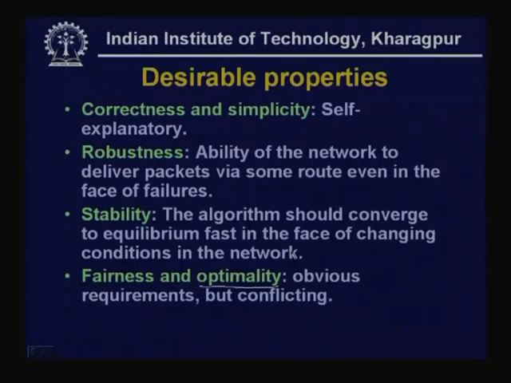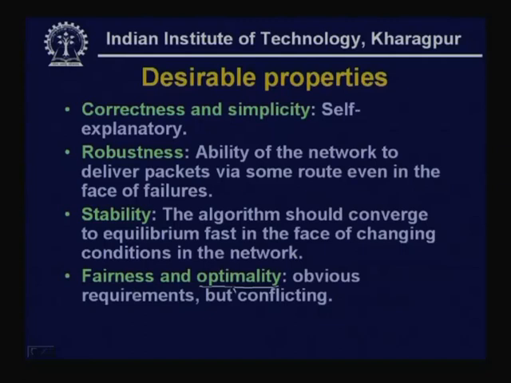So, if you give priority, then fairness is violated. On the other hand, if you give priority to some nodes or to a particular path, for example, if you give priority to packets which are to be delivered to adjacent nodes, then the nodes at long distance do not get fairness.